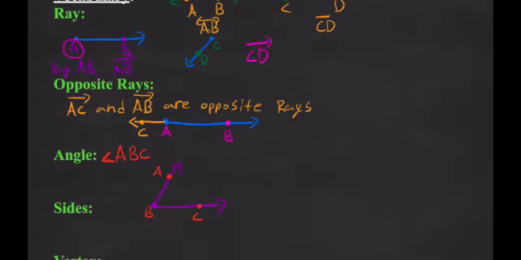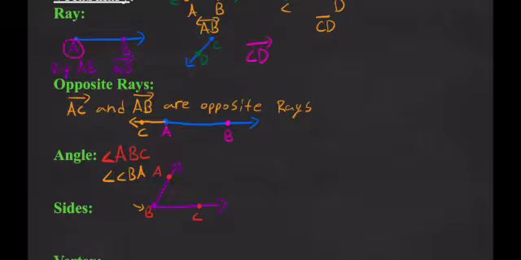Notice the point that goes in the middle is the point at the connection of the two rays, at the endpoints of those two rays, the intersecting point. So that's angle ABC. We could also say that this is angle CBA. Order does not matter except for the middle letter.